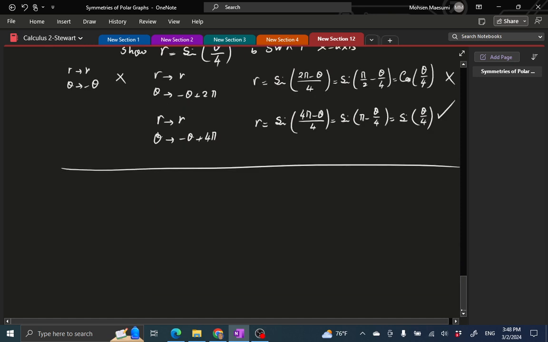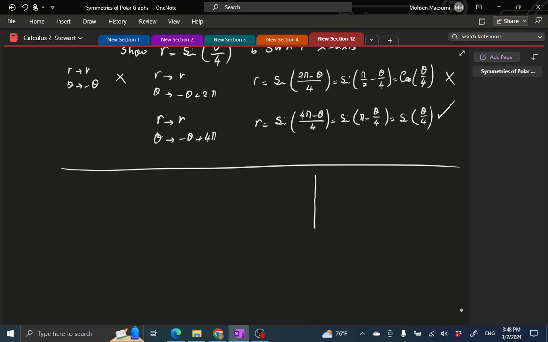Okay, we tried two of these symmetries. How about symmetry number 3, symmetry with respect to the origin? So if I'm here at r and theta, who is diametrically opposite to me on the other side? One simple way to go at this point is r, theta plus pi.